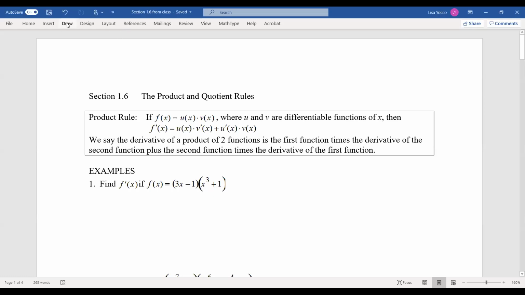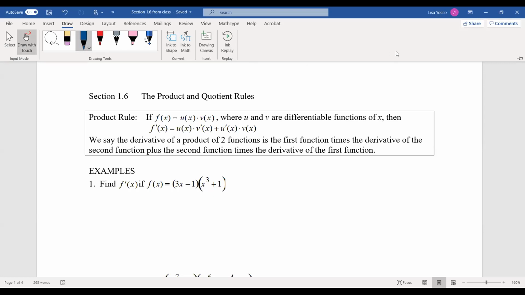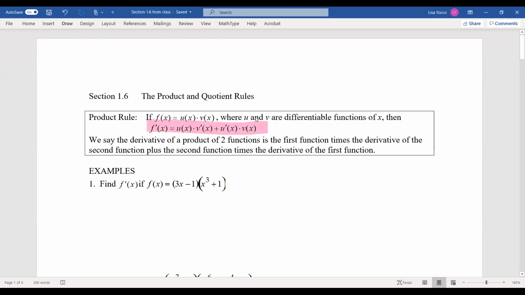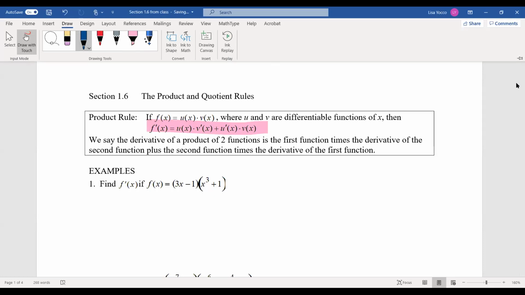So first is the product rule. And you can see, I'll highlight the rule right here. You can see it even looks more complicated. And I tell you what, let me just rewrite it like this.